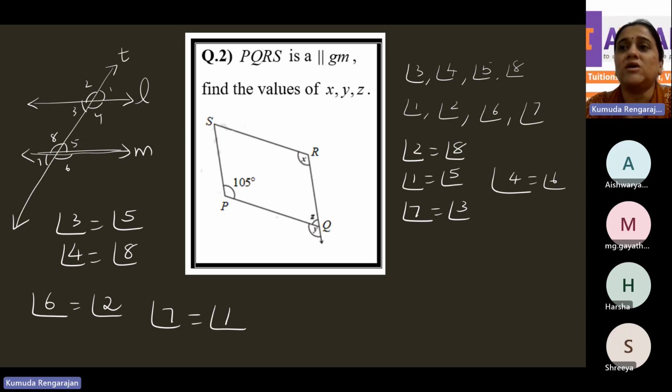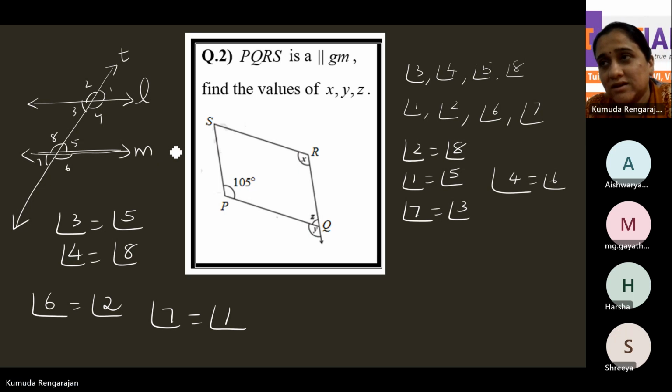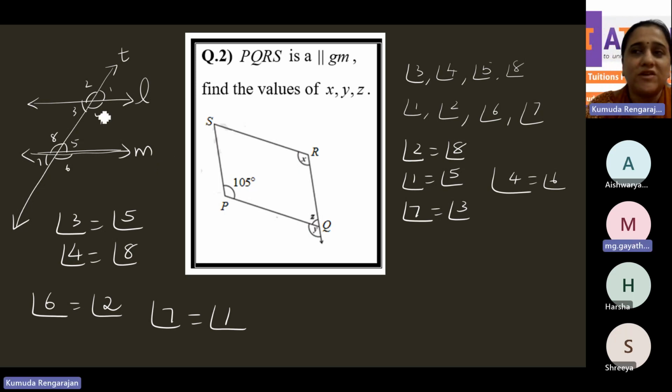Now we have something else called co-interior angles. That means both are interior angles and they are co-interior, meaning the two interior angles which lie on the same side of the transversal. Angle 4 and angle 5.